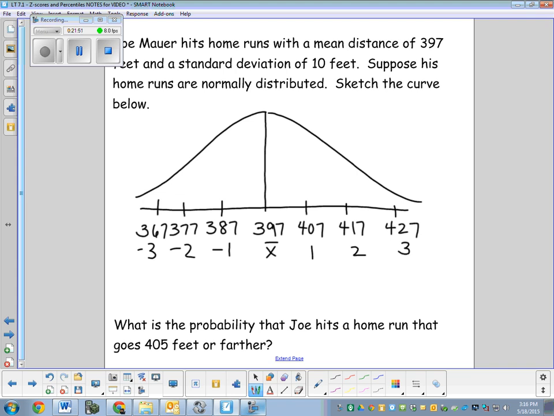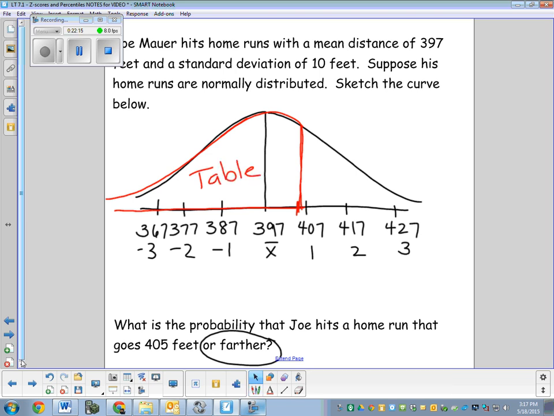So find the probability that Joe hits a home run that goes 405 feet or farther. So let's think about this on the curve. 405 feet will be kind of around here. It's a little more than halfway. Now, our table value will give us this percent.